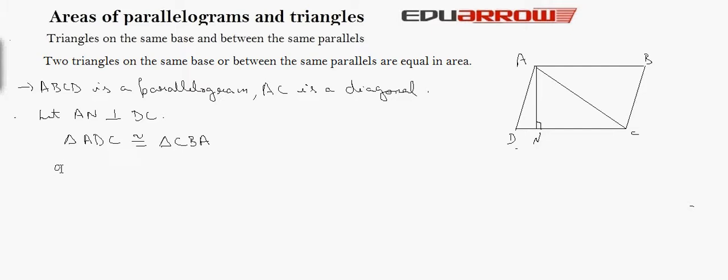and therefore area of triangle ADC is equal to area of triangle CBA.